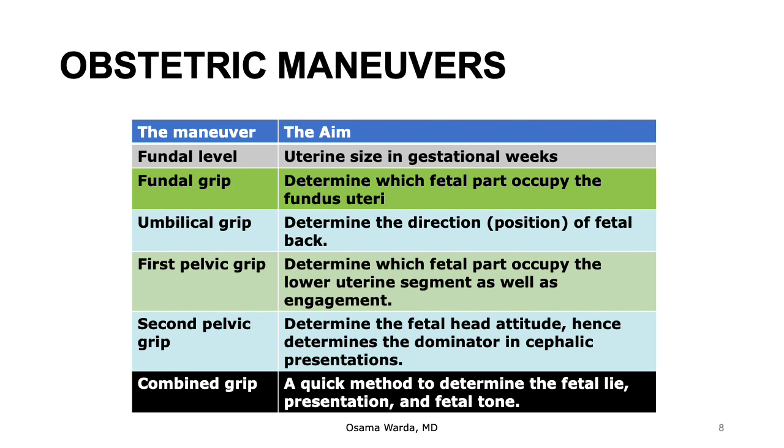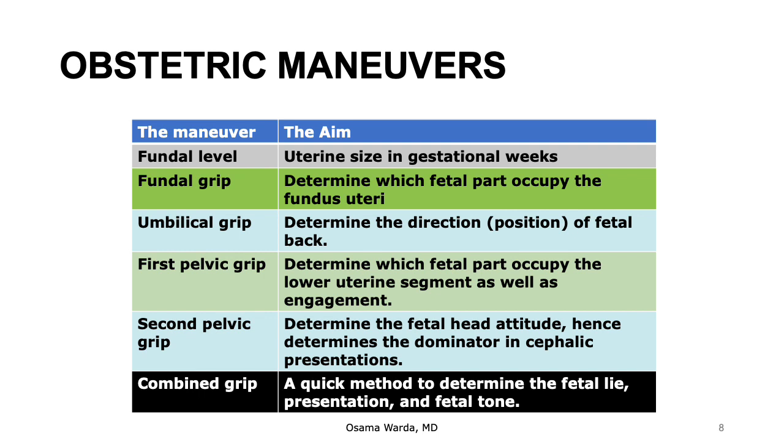The first pelvic grip aims to determine which fetal part occupies the lower uterine segment and whether the head is engaged or not. The second pelvic grip aims to determine whether the fetal head is flexed, extended, or midway between extension and flexion. So the second pelvic grip is only done when the presentation is cephalic.